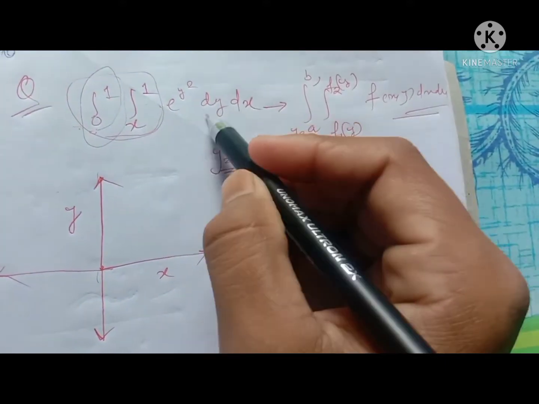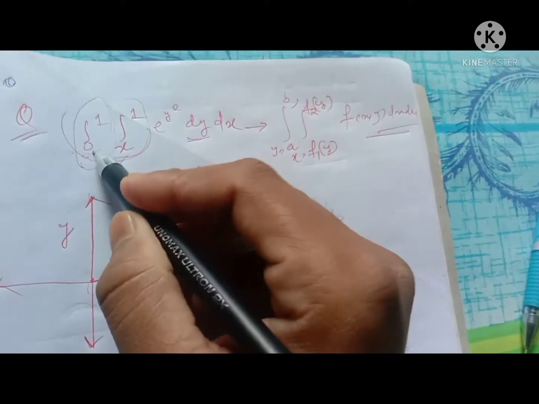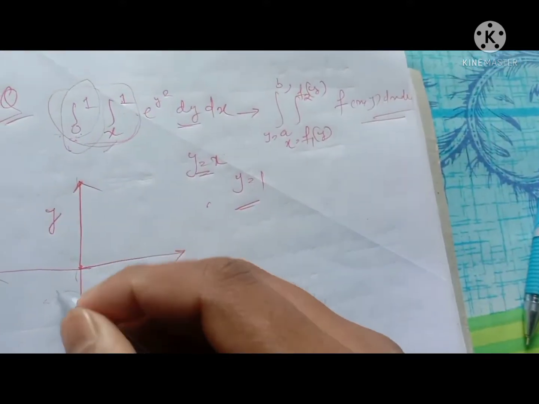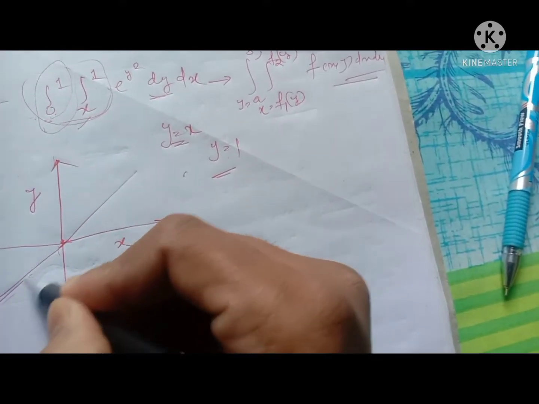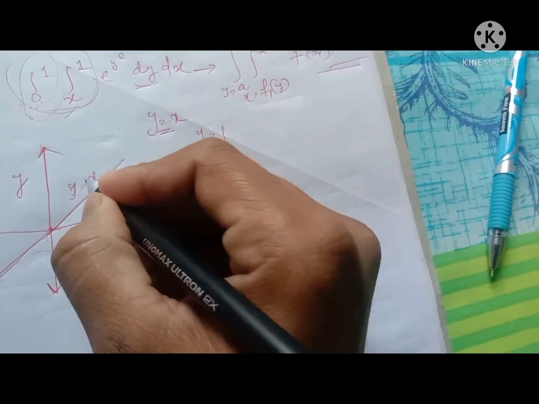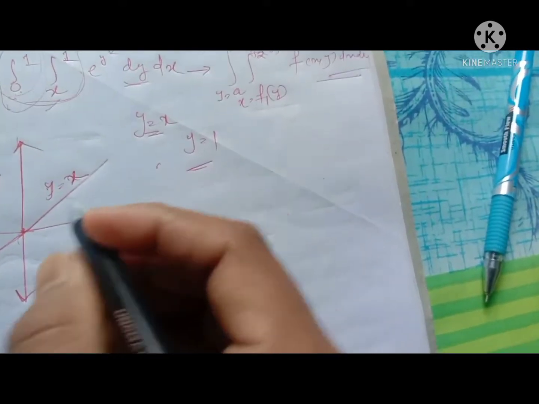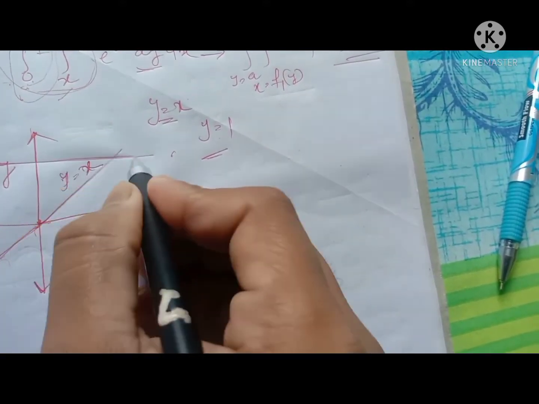As you see in dy dx, y varies from x to 1, and x is treated as a constant, x equal to 0 to 1. So first we draw the graph of y equal to x, passing through the origin, as you all know. Then y equal to 1.